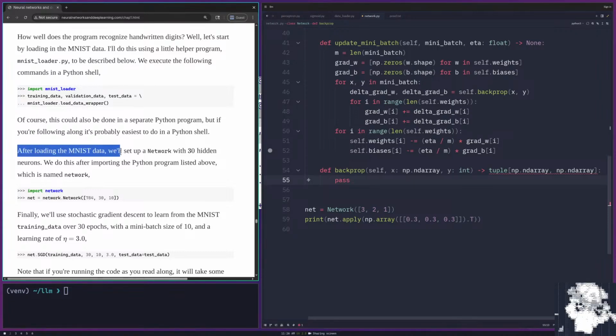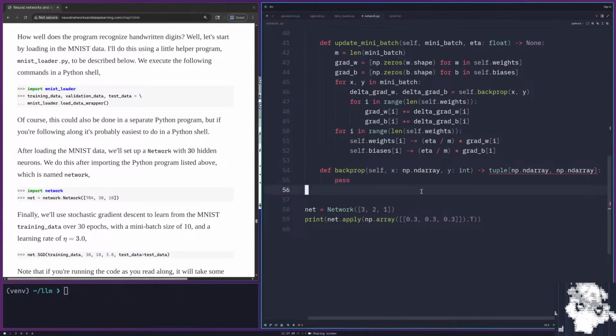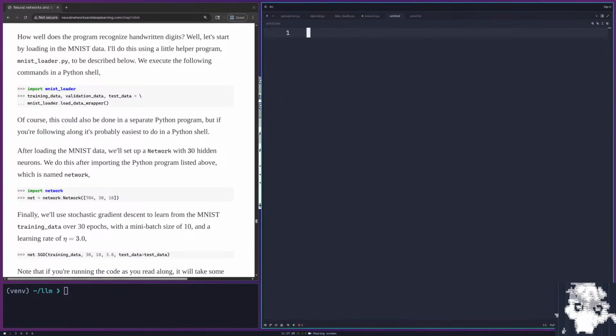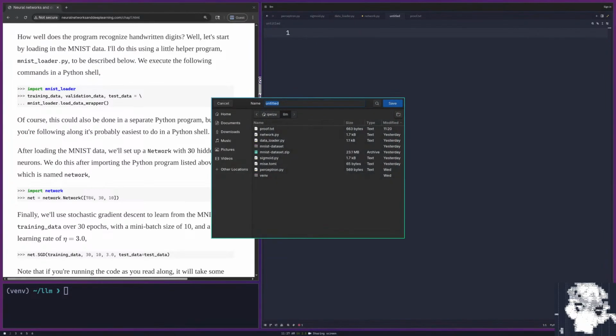After loading the MNIST data, we'll set up a network with 30 hidden neurons. We do this after importing the Python program listed above, which is named network. Okay, we can do this. So let's make a main.py.